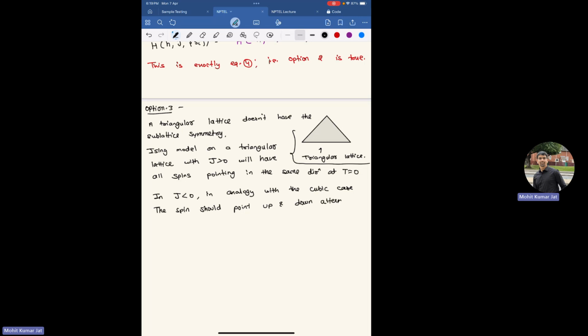Which is not possible, right? In a triangular lattice, this is not possible. That's what gives rise to the frustrated antiferromagnet kind of thing, because of geometry.